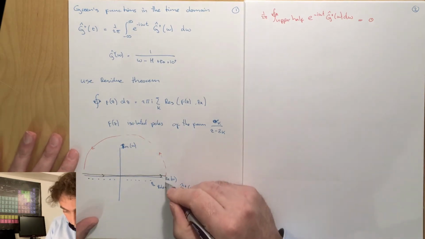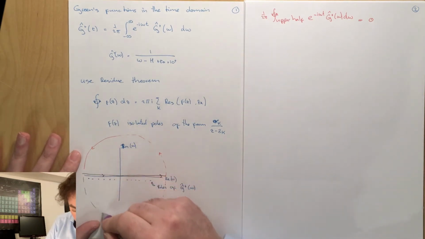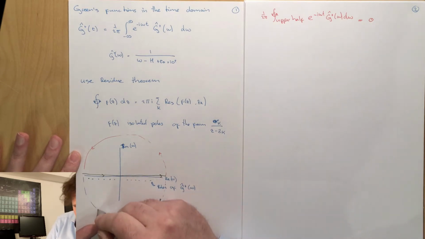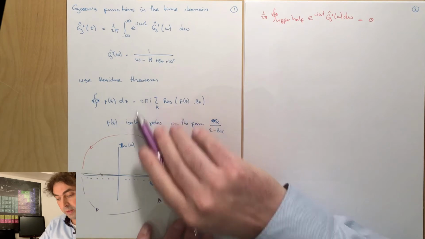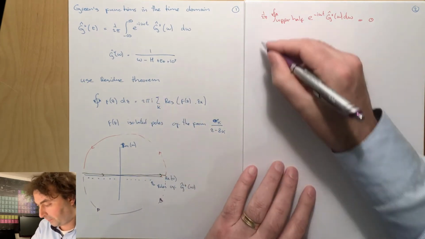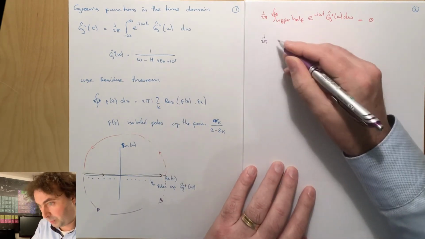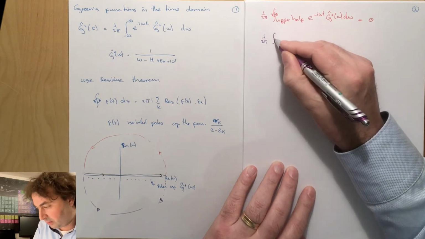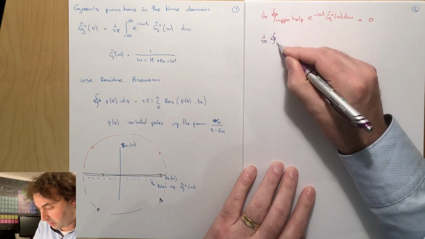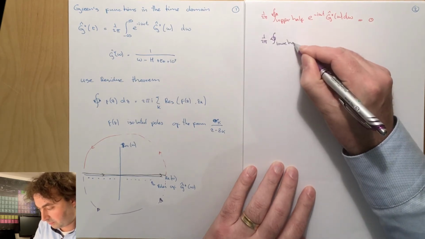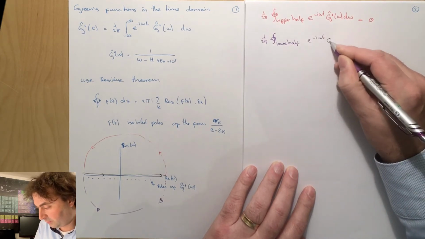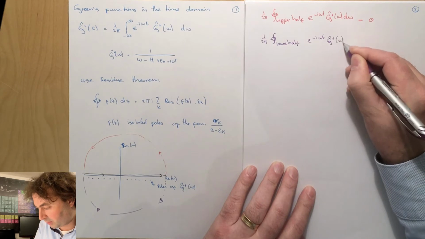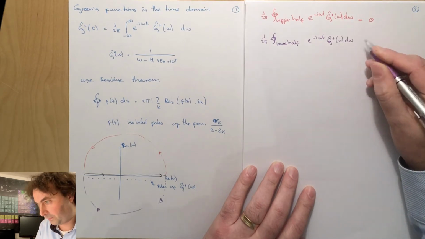I can of course also close my contour in the lower half plane, where we integrate clockwise, so you get an additional minus sign here, and that's 1 over 2 pi, the integral in the lower half plane of e to the minus i omega t G plus of omega d omega.